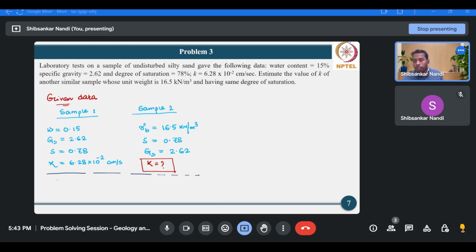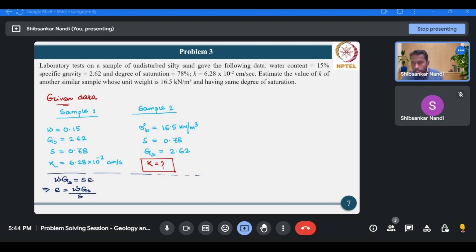First of all, the void ratio of sample 1 can be calculated by using this equation: e equals w Gs by S. Here the water content you know is 15%, Gs you know is 2.62, and the degree of saturation you know is 0.78.